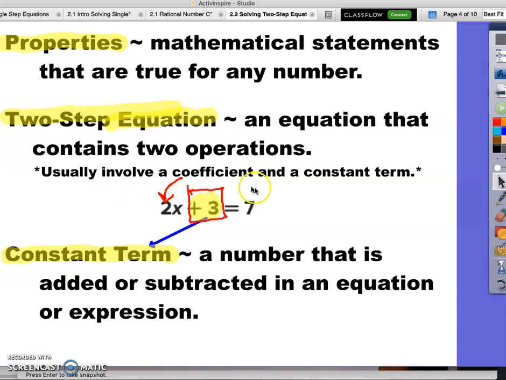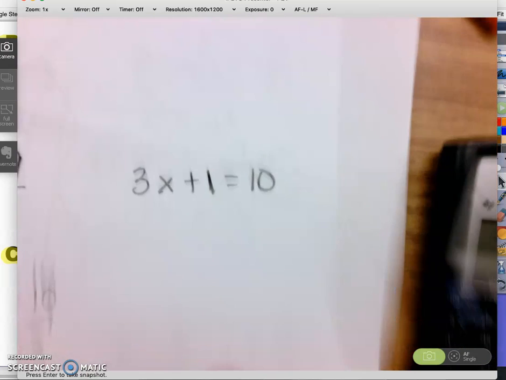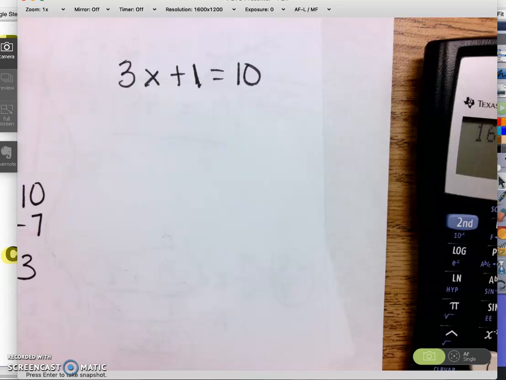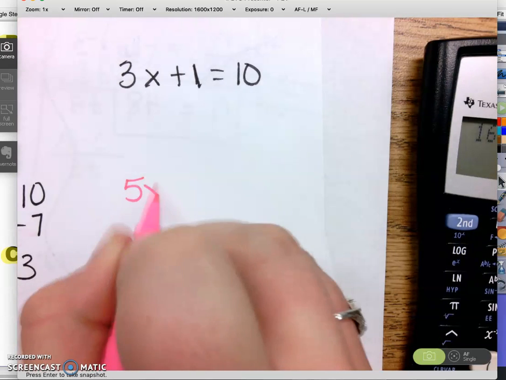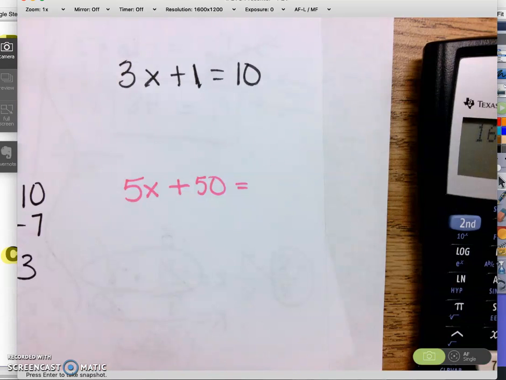It usually involves a coefficient and a constant term. A constant term, very important. The constant term is a number that is added or subtracted in an equation or an expression. I use the example a lot of, I'm not going to talk about word problems in a second, but say I have to pay $50 a month for my cell phone plus $5 for every movie I download.